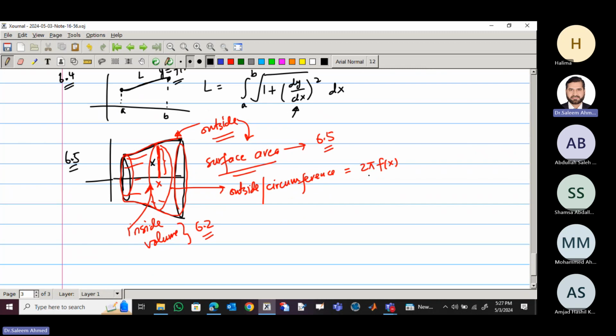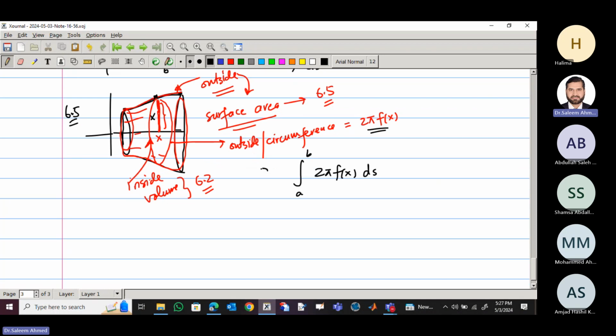But if I only take the outside circumference of the circle and integrate this with the arc length, with this portion of the arc, this whole thing is called ds. So we have to integrate with ds, not with dx. When you integrate, this gives you a surface area. So the surface area is the integral from a to b of 2 pi f of x. And what was ds? ds was the square root of 1 plus (dy/dx) squared.